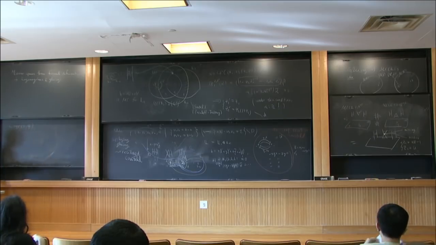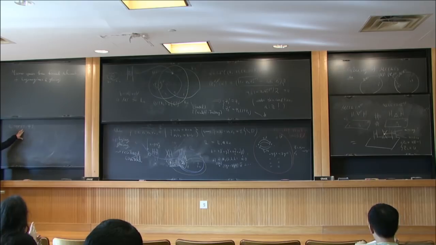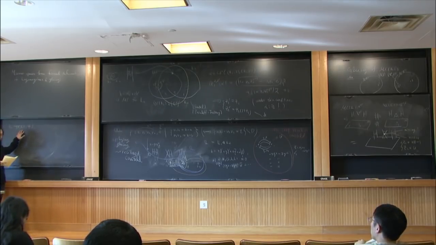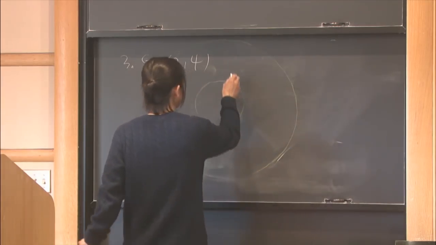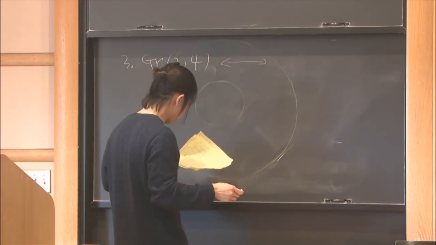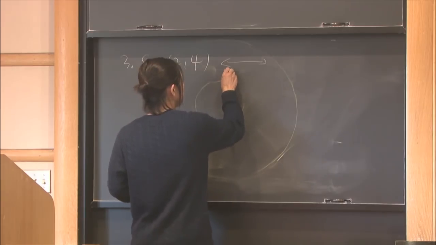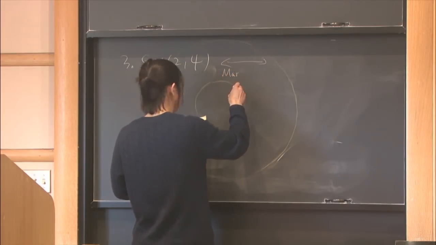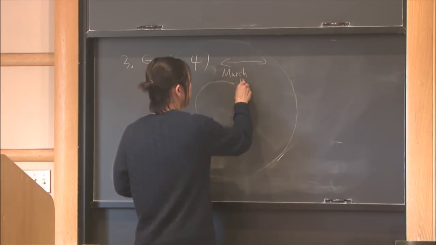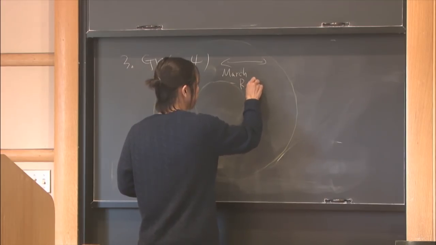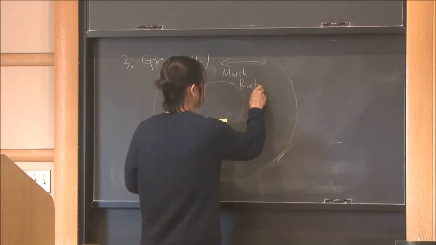So this is the space of complex two-planes in C4, and this is 4-dimensional, and there is this work by Marsh and Rietsch.